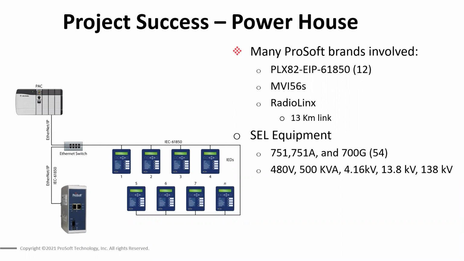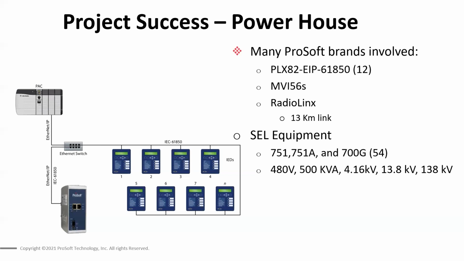What we saw is, in general, if you had a fully loaded module and network, your IO updates needed to be somewhere around 250 milliseconds to get data back and forth.